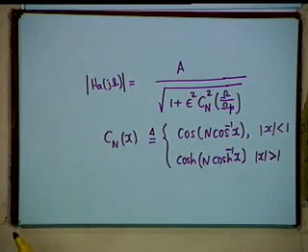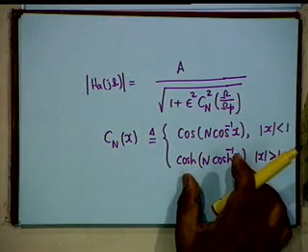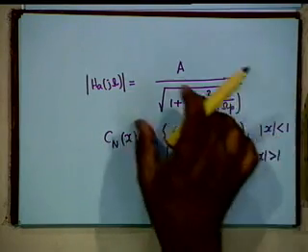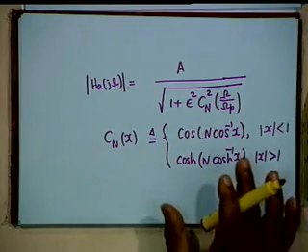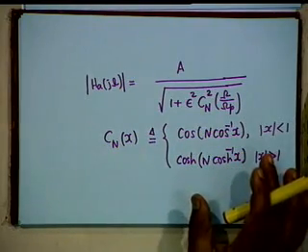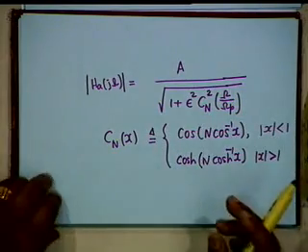And for mod x greater than 1, that is omega greater than omega p, the cos function is monotonic, and therefore the magnitude characteristic shall be monotonic beyond the passband. In the passband it will be oscillatory, beyond the passband it shall be monotonic, which is the characteristic of the Chebyshev filter. Now let us get familiarized with these Chebyshev polynomials.